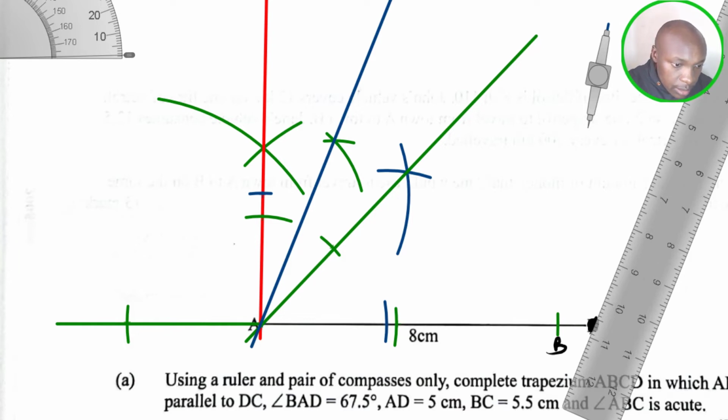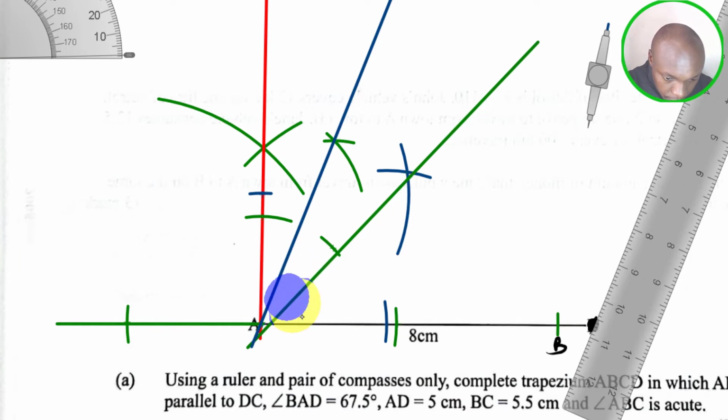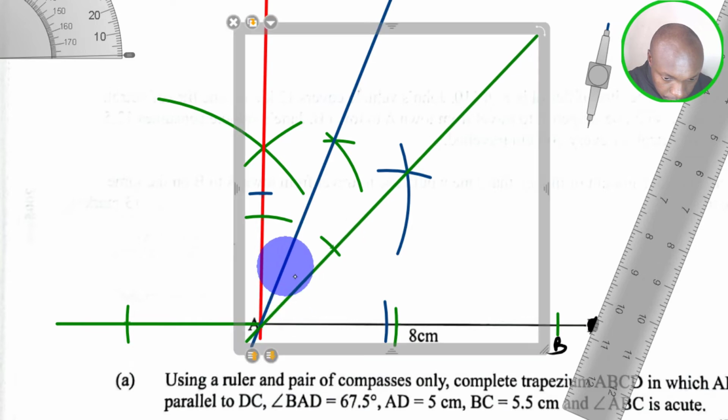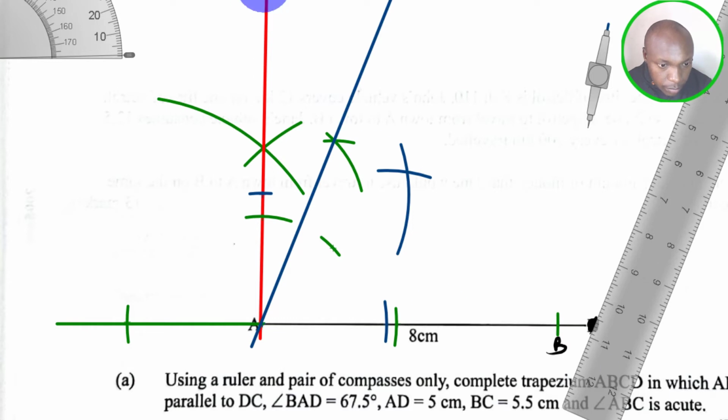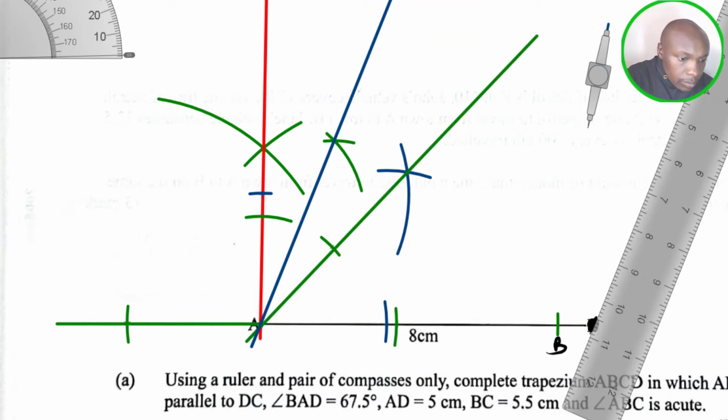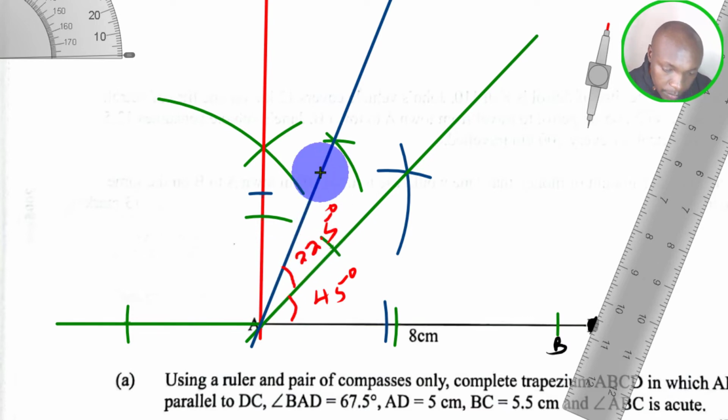This angle that is here is 45 degrees, and this angle that is here is 22.5 degrees, and the other one is 22.5 degrees.